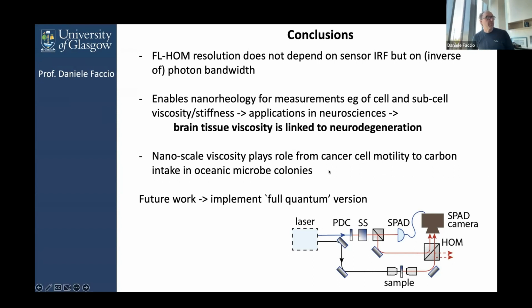Nanoscale viscosity also plays a role, for example, in cancer cell motility. And we've also got a project where we're working on the study of carbon intake in oceanic microbe colonies. So I'll stop speaking here and happy to answer any questions.